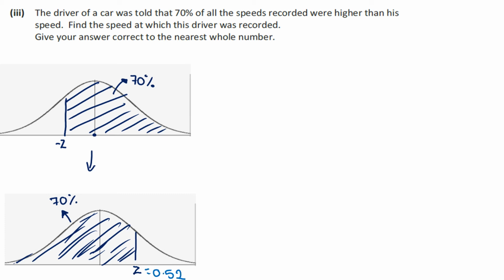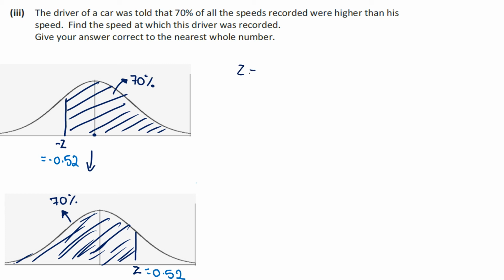This allows me then to figure out, well, the mirroring negative Z will be minus 0.52. So that's looking it up in your tables. Just be careful. That's about 0.0015 off 0.7. The other one ends in 19, so just slightly more. I will never do anything clever with regard to scaling it down. You just want to find the one that's closest. So basically what I figured out is my Z score is minus 0.52.